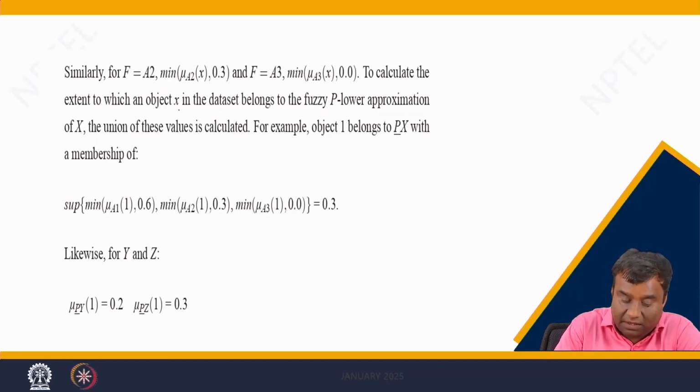To calculate the extent to which the object x in the dataset belongs to the fuzzy P lower approximation of X, the union of these values is calculated. For example, object 1 belongs to the lower approximation with a membership of the supremum of all three. So that is 0.3. Similarly, you can calculate the values for all attributes like the previous calculations.